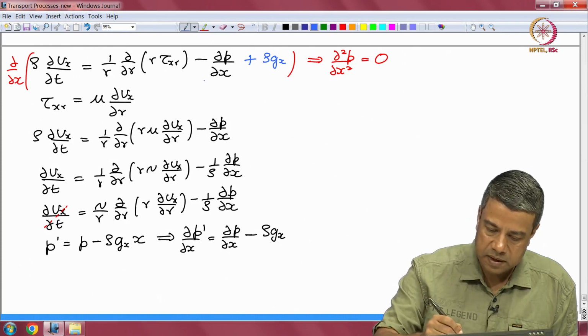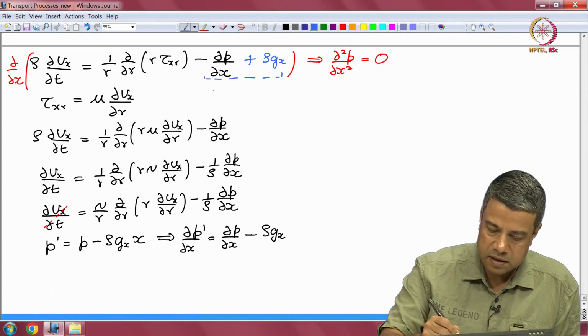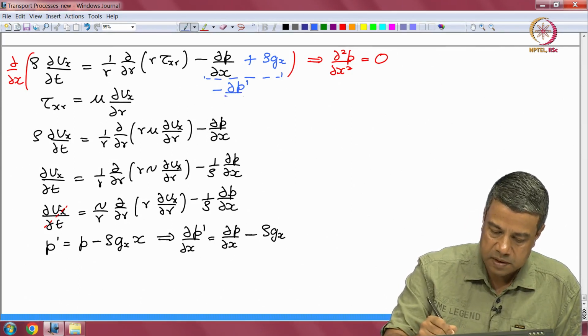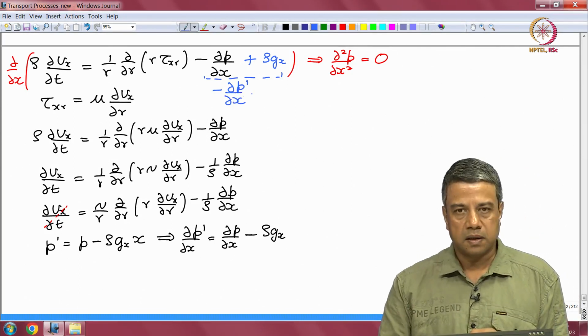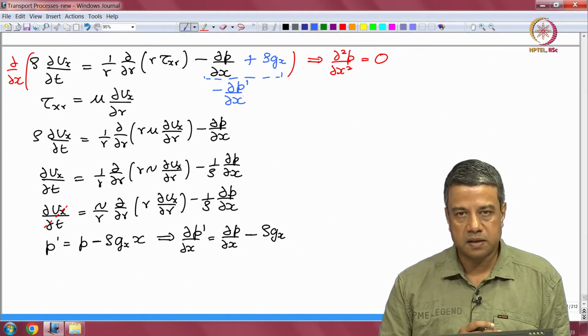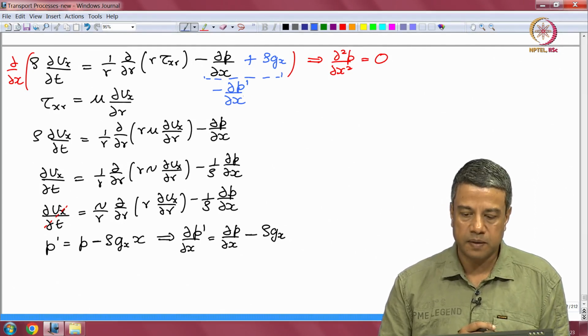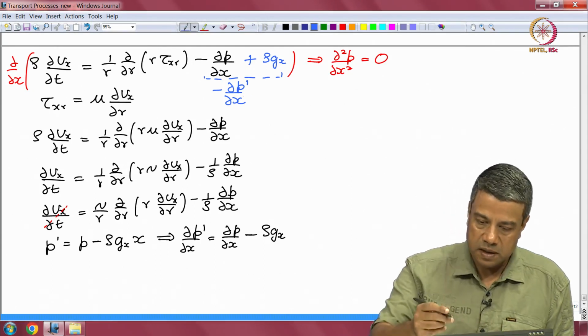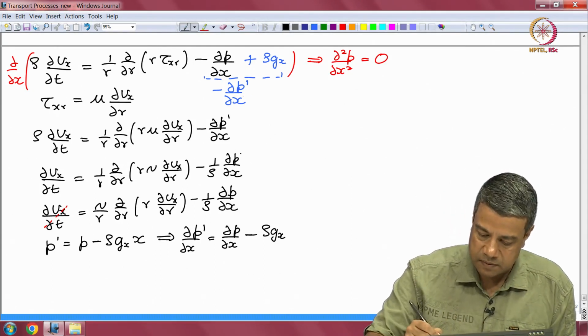Therefore, these two terms together I can just write as minus partial p prime by partial x. So, the effect of a body force can be obtained by just redefining the pressure from p to p prime. Then my equations all become in terms of p prime.